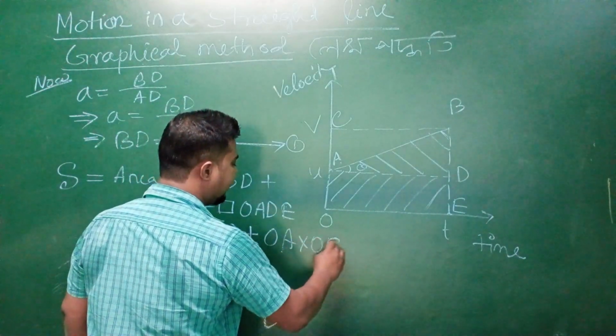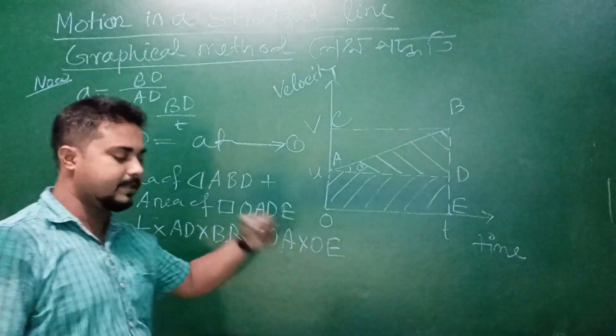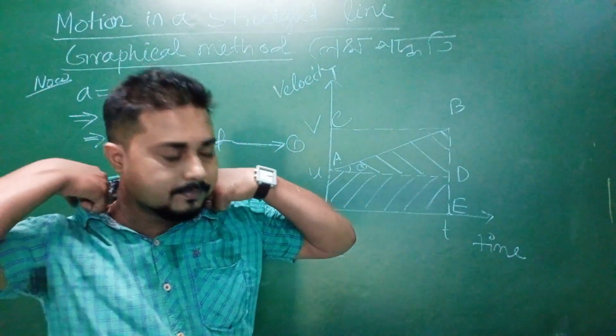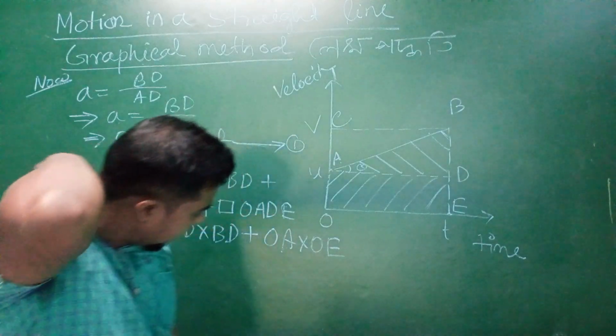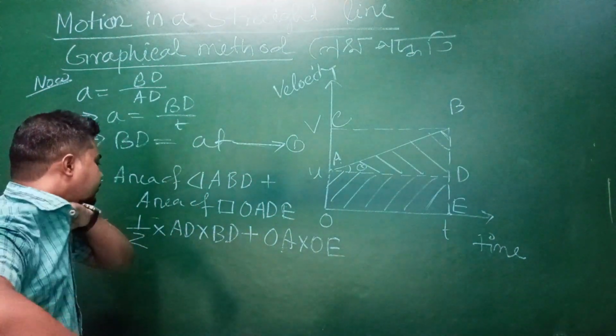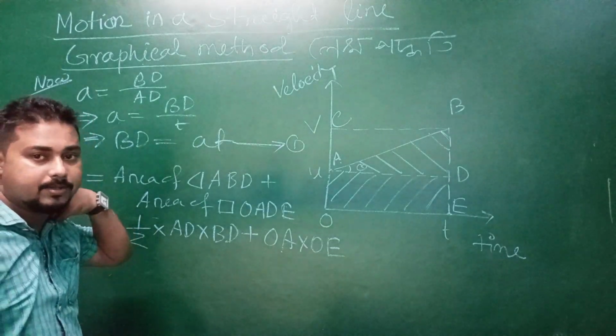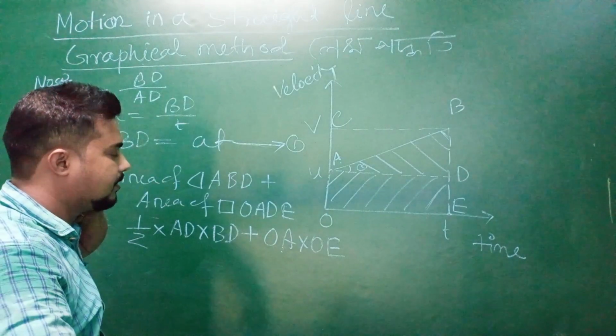This is the area of the triangle and this is the area of the rectangle. Okay, so by this method we are also able to find out the area of that trapezium. I hope you are able to understand this point.